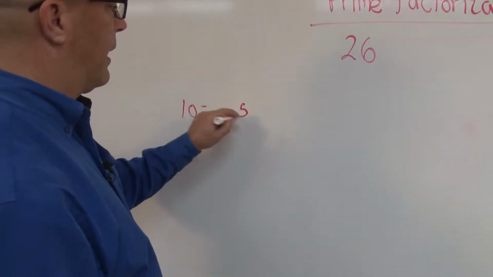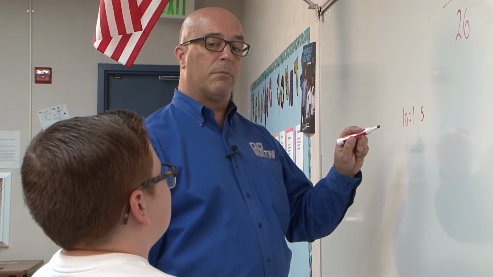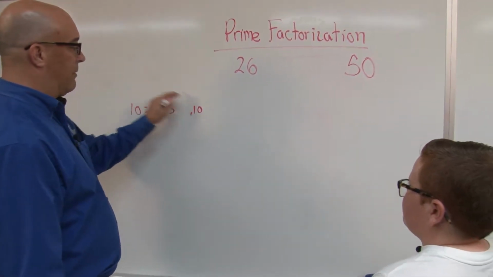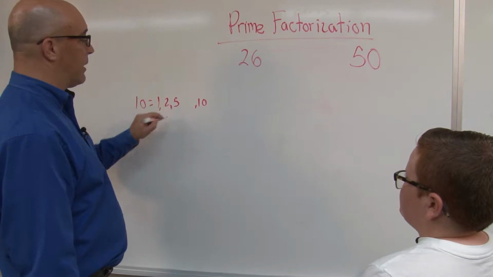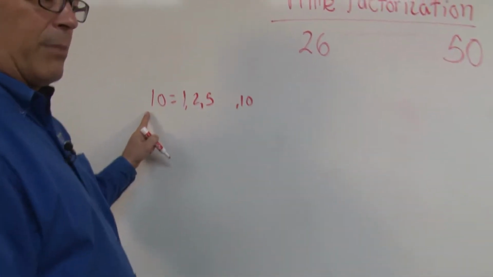And what else? 1. And what else? Because we know 1 times 10 is 10, and 5 times what? 2. So we know 2 goes in there, so more than 1 and itself, that's why that's a composite number.